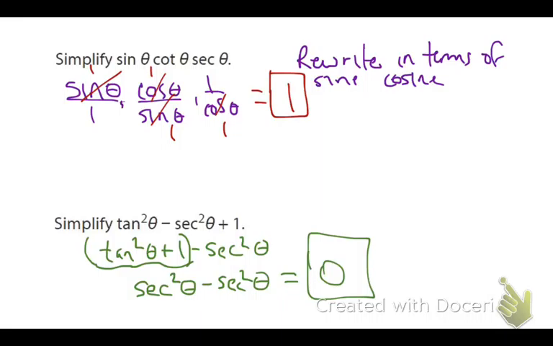So we started with tangent squared theta plus 1 minus a secant squared theta, and we simplified that down by using one of our Pythagorean identities, and we found that what we had was a value of 0. Any questions on that one? I think we'll go ahead and stop there today.